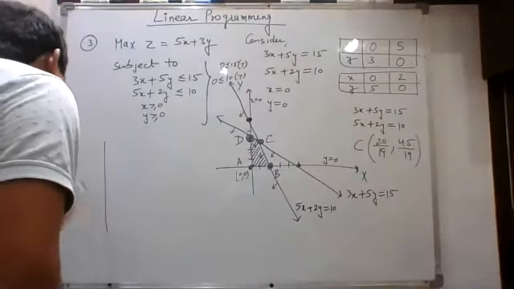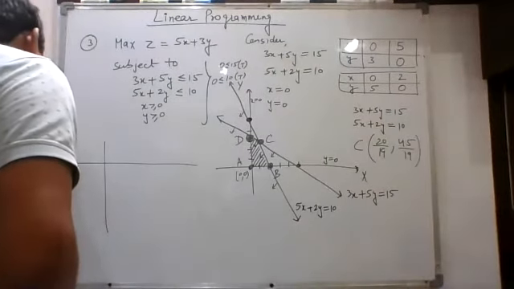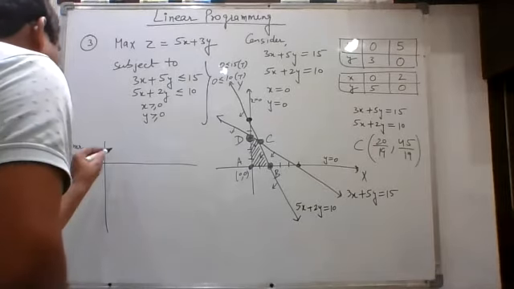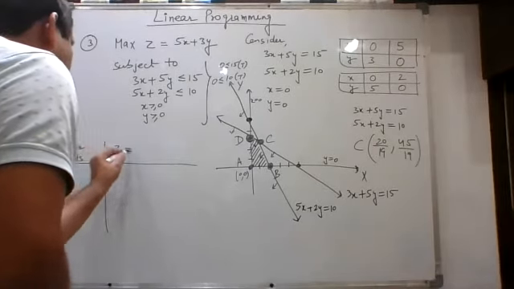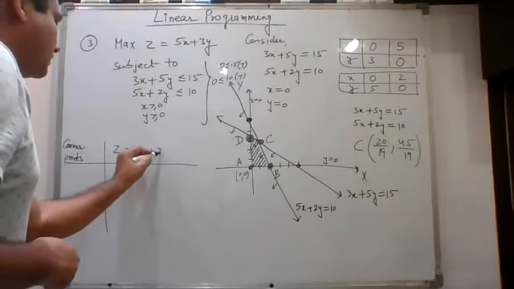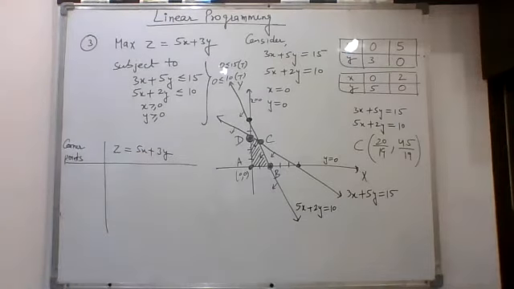So now we'll draw this table where we will write corner points, and here you will write the objective function. The objective function is 5x plus 3y. So corner points we will write one by one.